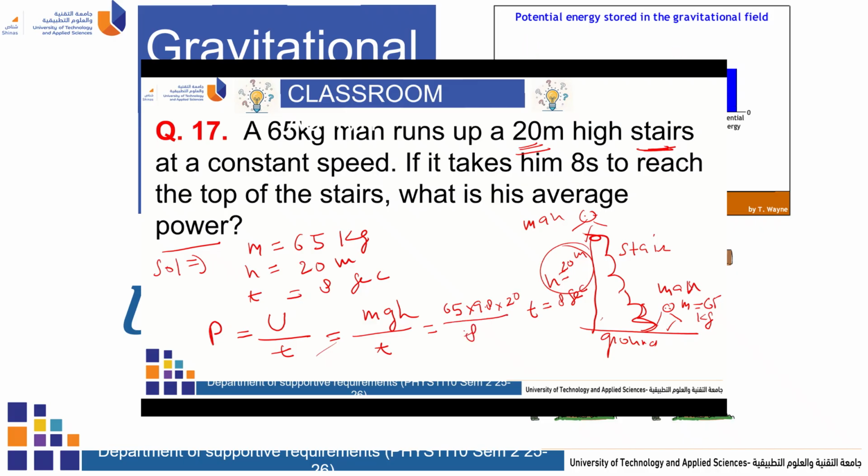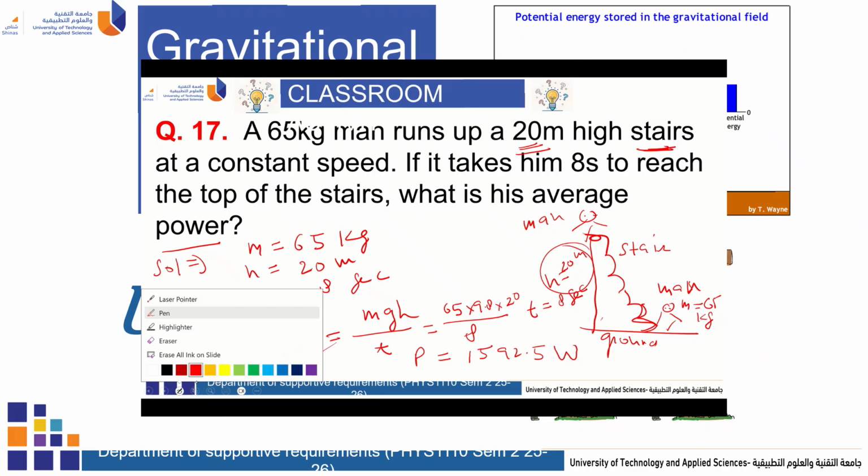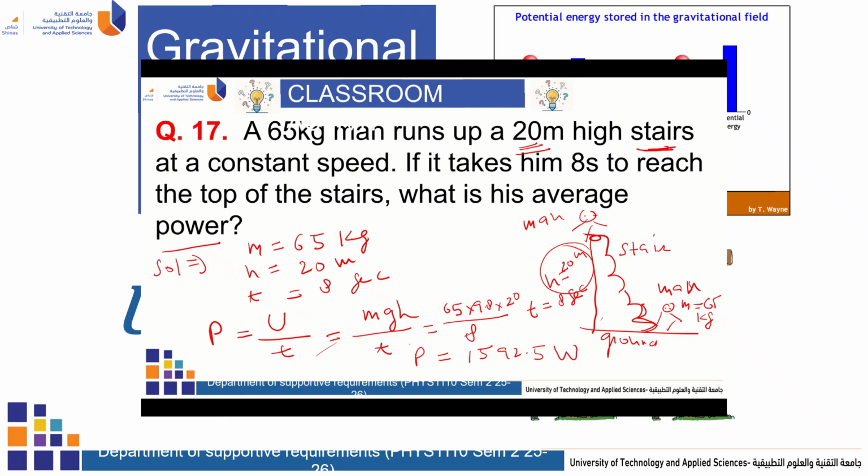If I calculate this number, it will come 1592.5 in the unit of watt. This is the value of the power, the answer for part 2.